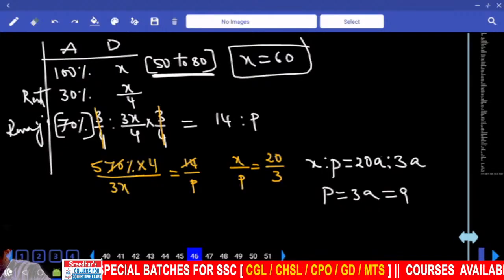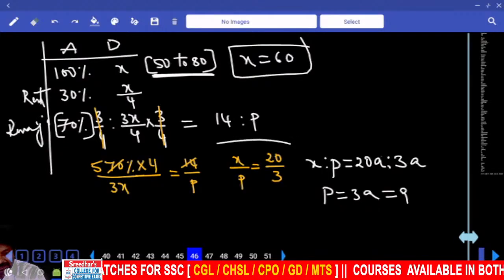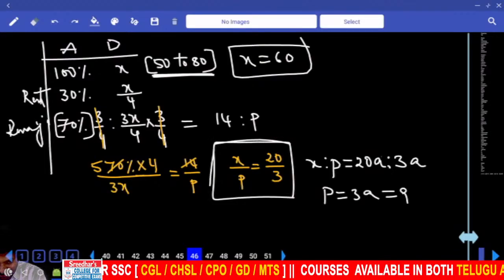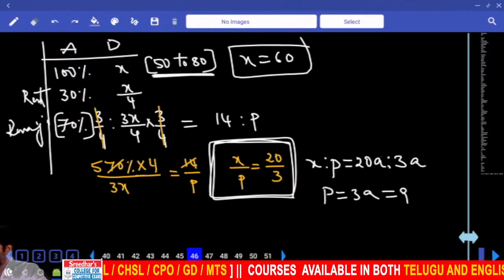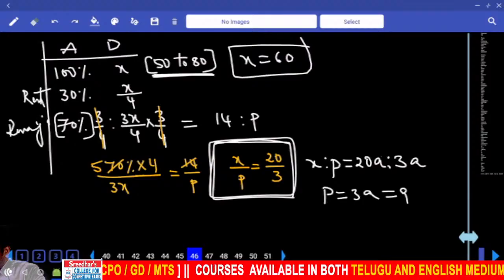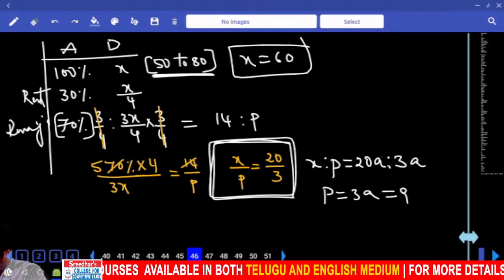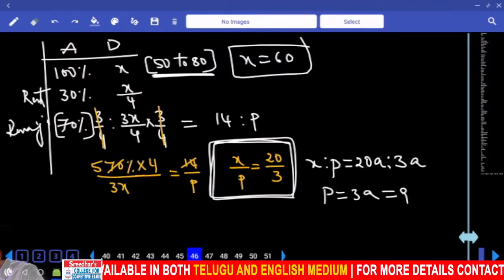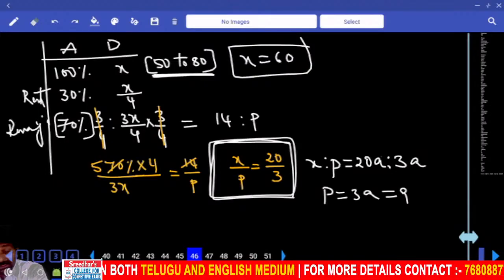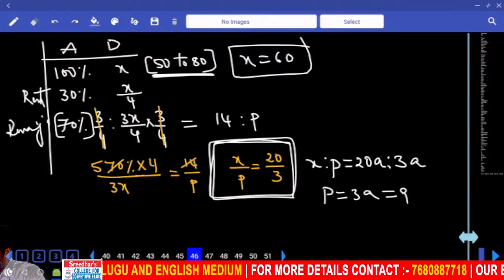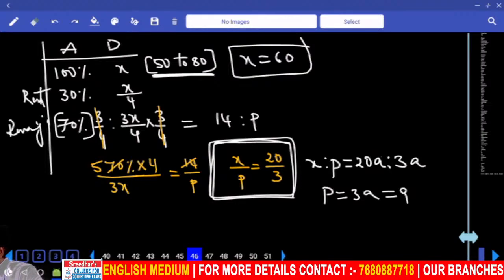Is it clear? You have to come up to this point. All the logic is in this. P is a multiple of 3. It is already mentioned in the question also. We also got P is a multiple of 3. Then X will be a multiple of 20. And for X, we know the range.